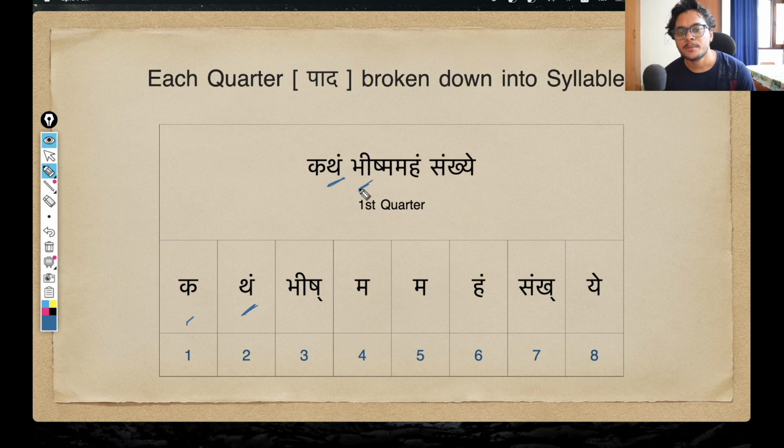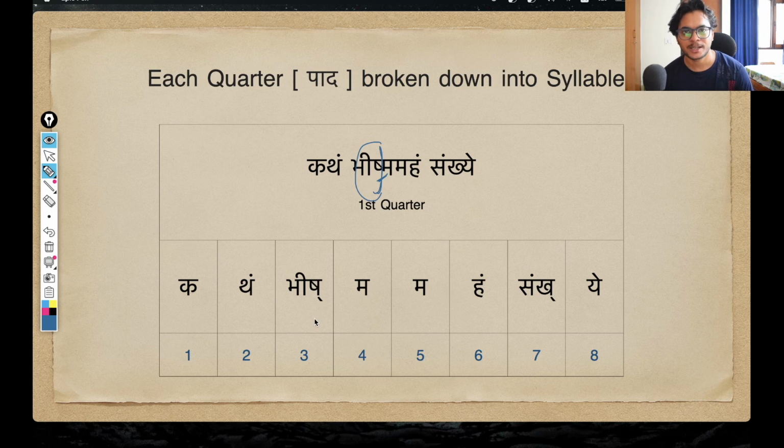Then you see here, Bhish. So Bhi here, you get the vowel. Bha, a vowel is combined, you can just identify this as a syllable. But that was the fourth condition, right? That if in the end it is followed by a conjunct consonant, then take that entire group as a syllable. So since in Bhishma, after Bhi you have this conjunct consonant Sh, I take this entire entity, along with the conjunct consonant, as a syllable.